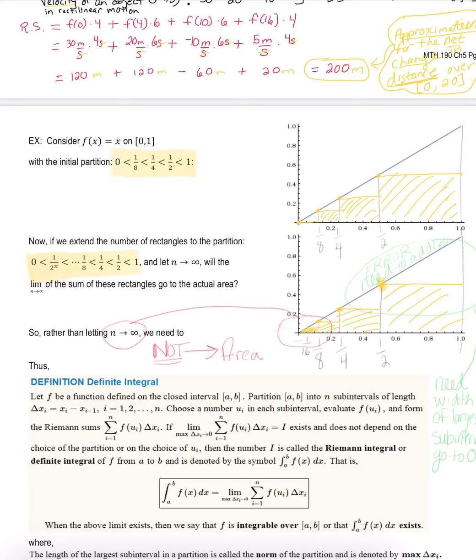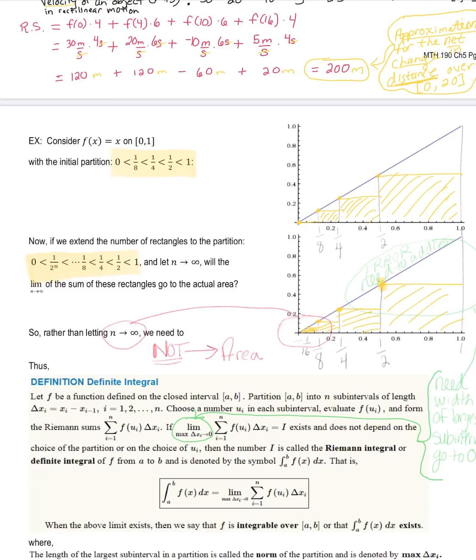So at the end of the day, this whole conversation is really just to help you see why, when we get to the formal definition of the limit of a Riemann sum, it's no longer the limit as n goes to infinity. Instead, it's this limit of letting the width of the largest subinterval go to 0. And that's the notation that you're going to see.